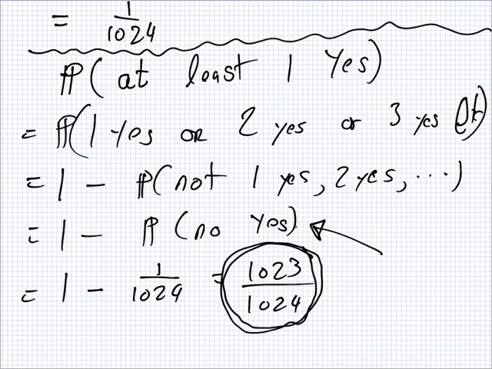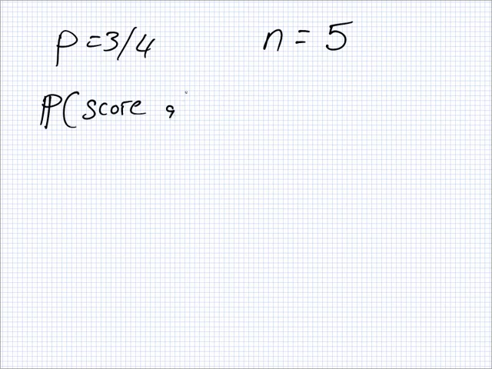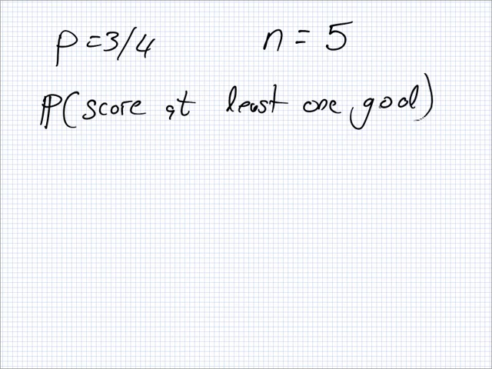So what I want you to do for me now, if we go back to our football player, what was his probability? It was 3 over 4, and his N is 5 shots. So I want the probability that he will score at least one goal. Okay, try this one for me.